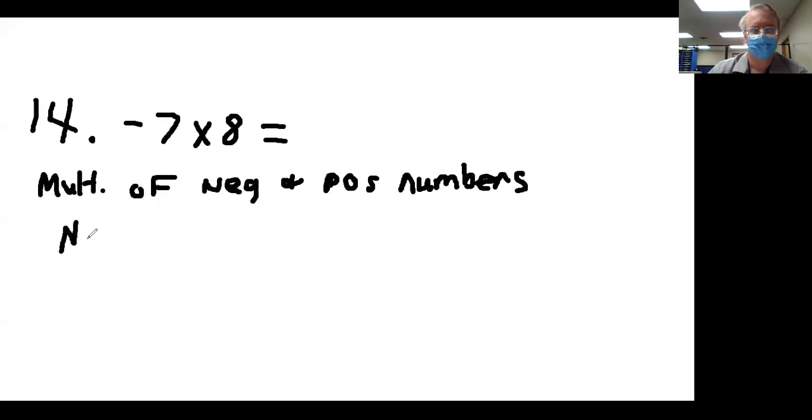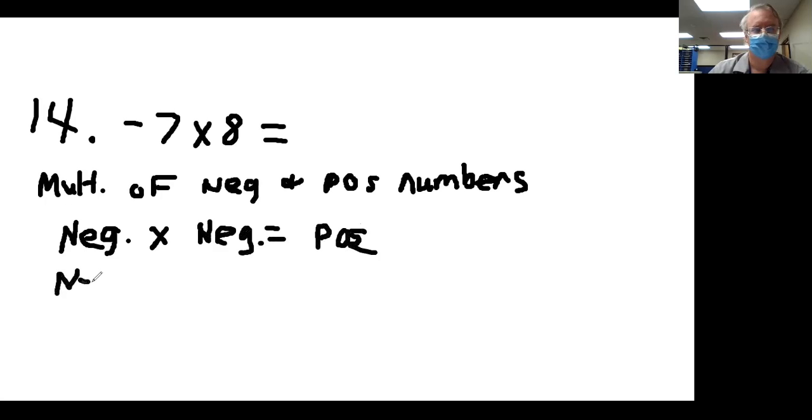A negative number times another negative number equals a positive number. These are just some general rules. A negative number times a positive number equals a negative number.